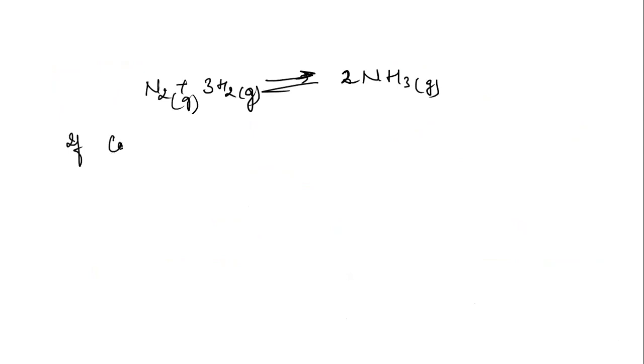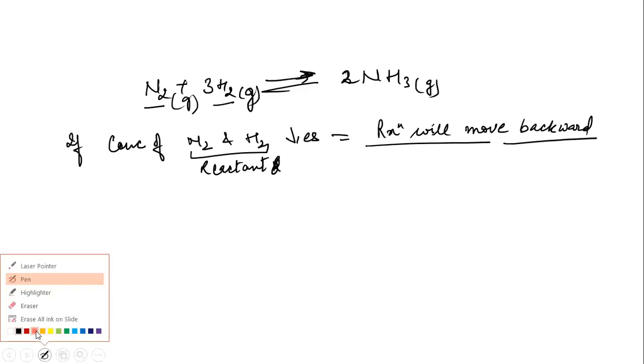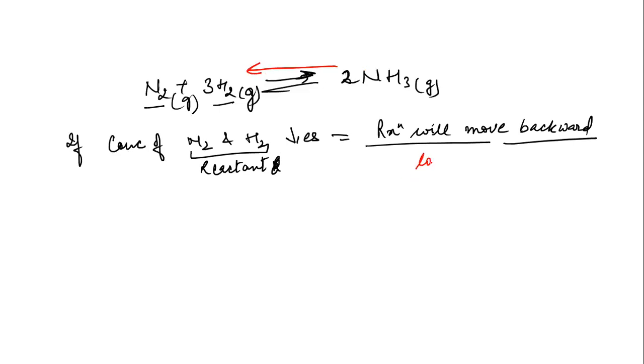What happens if the concentration of N2 and H2 decreases? That is what you want to know. These two are the reactants. If the concentration of N2 and H2 decreases, then the reaction will move backward, this side, toward the reactant. Clear?